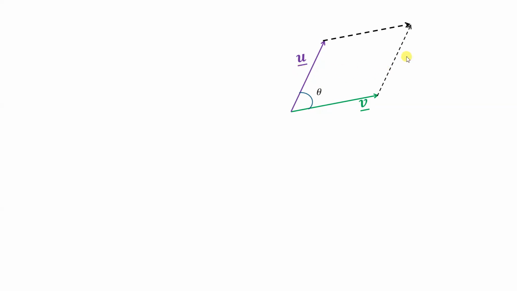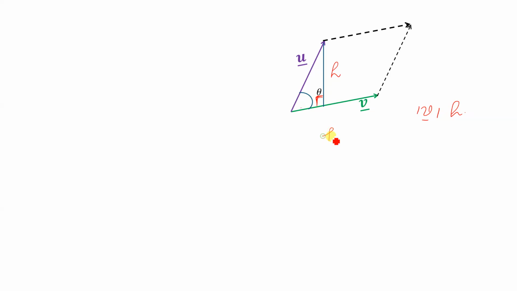So this is the parallelogram constructed by the adjacent vectors u and v. Now we are required to find the area of this parallelogram. We know that the area of this parallelogram is v magnitude times this height, right? And this height is perpendicular to this side, so this angle is 90 degrees or pi by 2 radians.